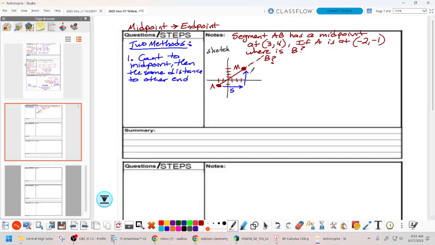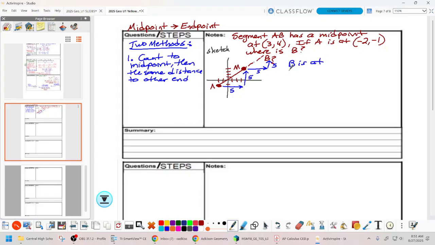Okay, up 5 also. So do you see how we can just keep that same pattern and do it again? So we need to go now over 5 and up 5. So where would the coordinates of B be? 8, 9.